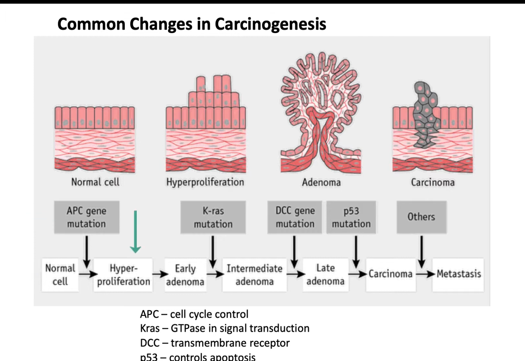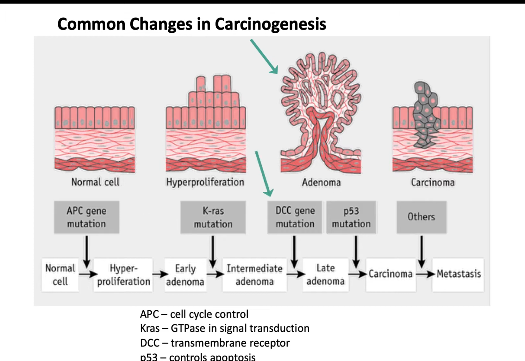This causes hyperproliferation of those cells, and then you get an early adenoma. And then the KRAS mutation, which is a GTPase signal transduction gene, often mutates, and you get an intermediate adenoma, and you can see the adenoma up above. It's a little bulging out of that tissue.